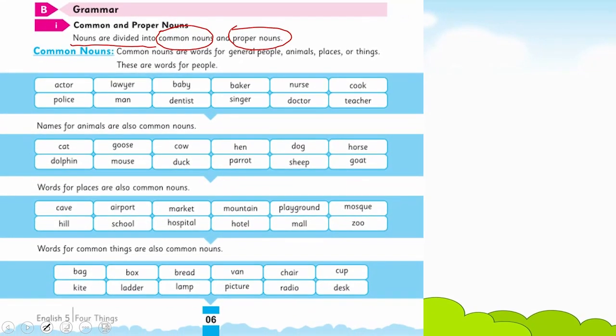First of all, do you remember that a noun is the name of what? People, places and things. So they have been divided further into 2 portions.